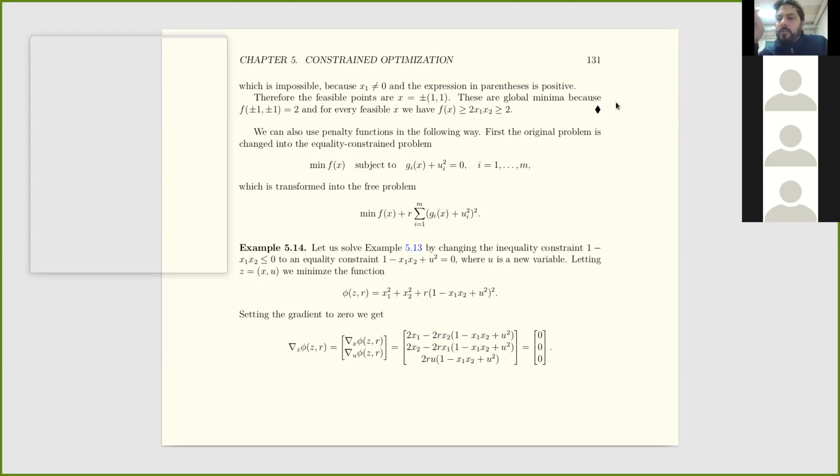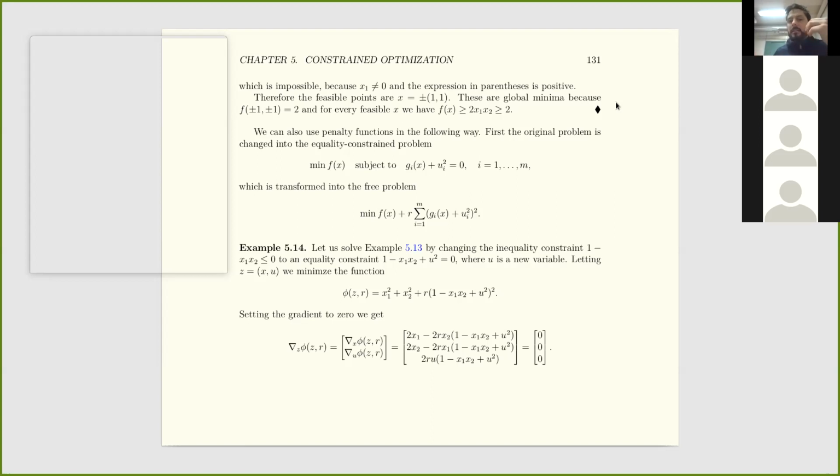So even though g_i itself might offset u_i, the slack variable, that's not a problem, because u_i squared plus g_i(x) squared should strive towards 0, and this u_i squared is always positive.